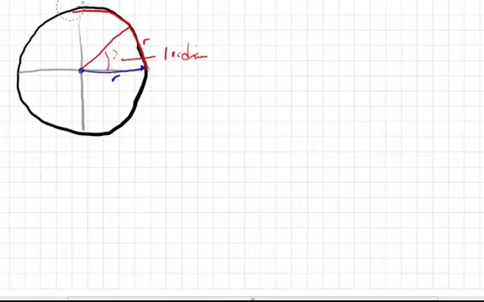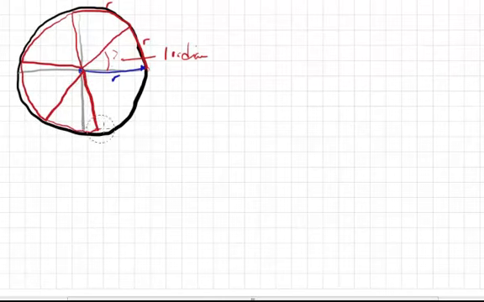If that's 1 radius, that's a radius. Keep walking. That's a radius. And I can usually walk, if it's a good circle, about 6 of these, and there's a little bit left over. So there's 6 and a little bit radians in one circle.